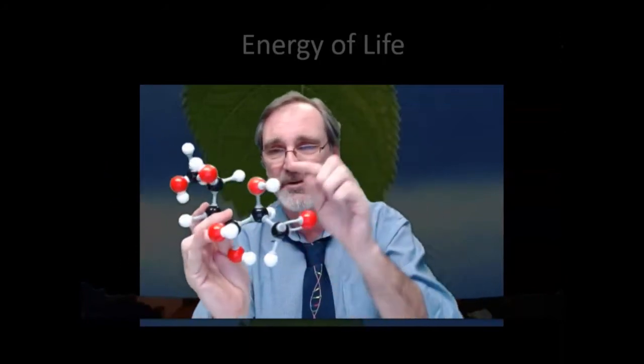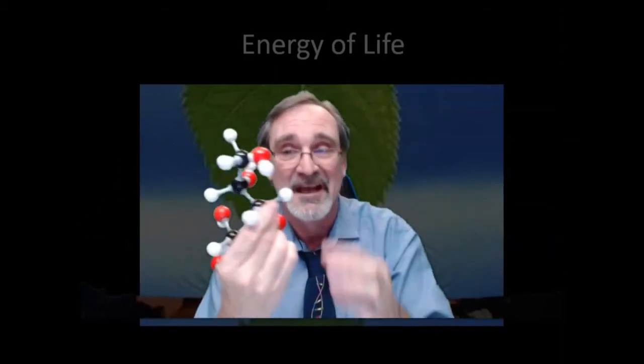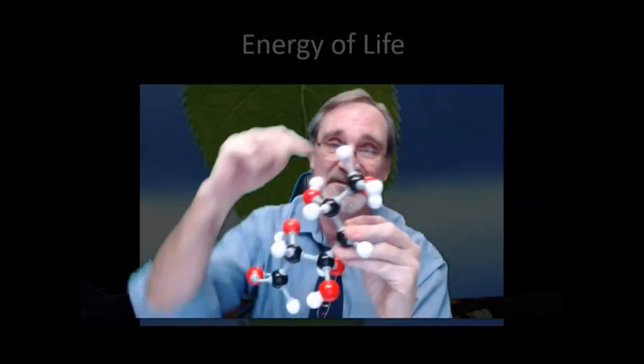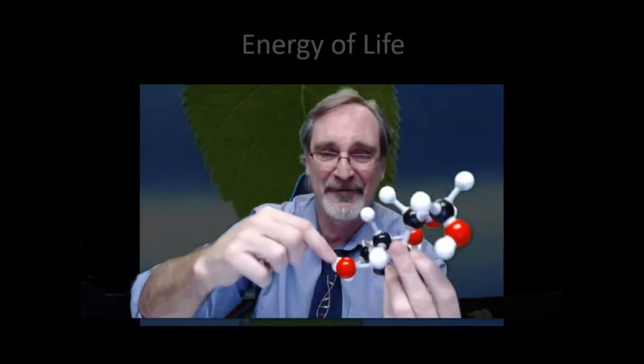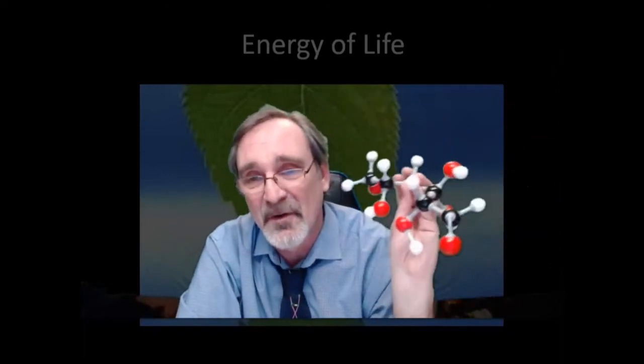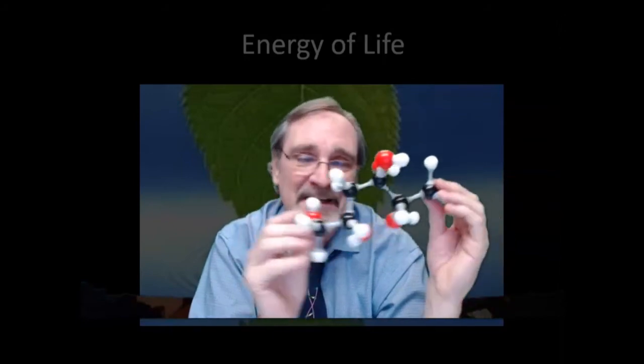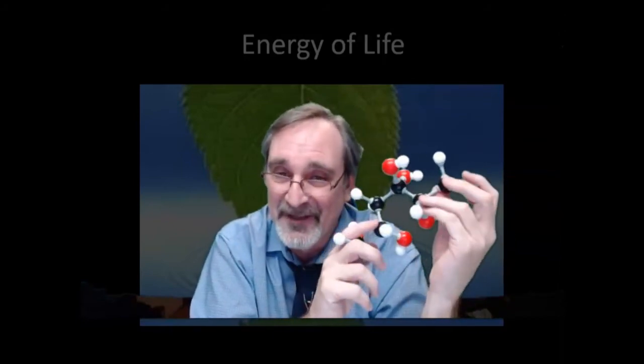H12: 1 through 12 of the white balls. Those are hydrogens, and 6 oxygens, 1, 2, 3, 4, 5, 6. So this molecule, or at least the molecule that this is a model of, is really the foundation of life on this planet.